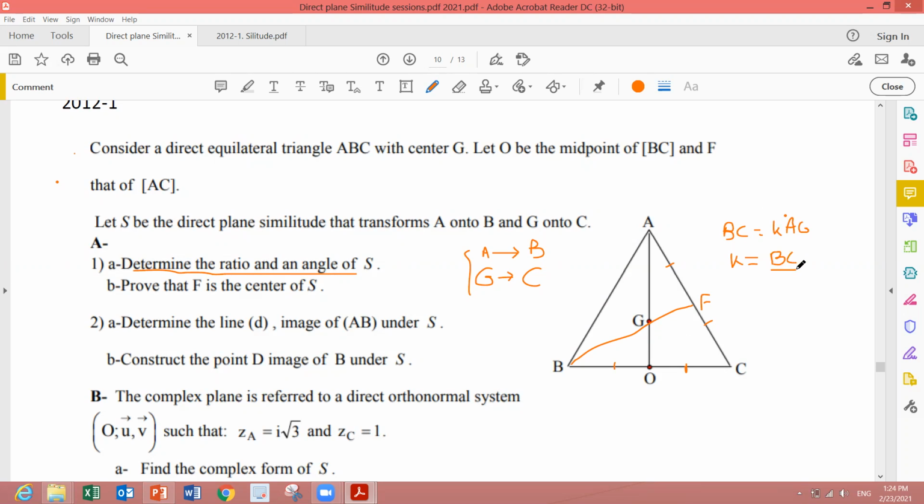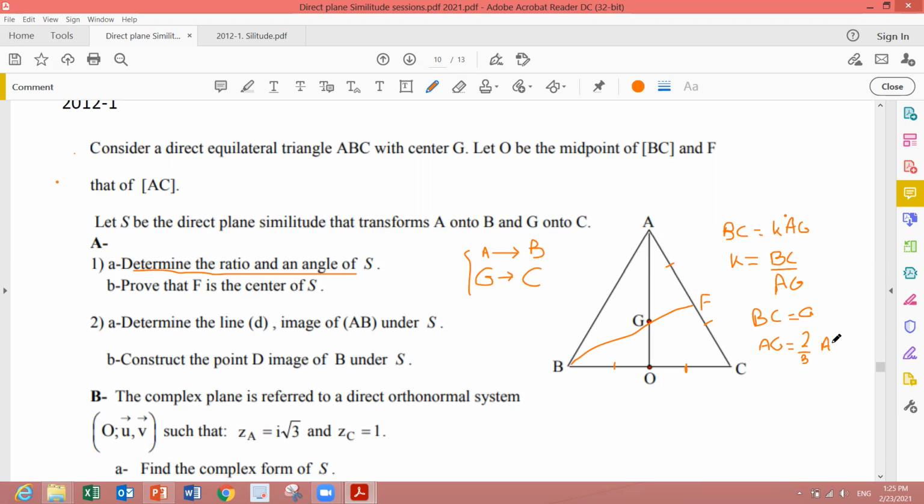How to calculate this ratio? We have AG equal 2 over 3 AO. First, let's suppose that BC equals a given length a. What did you say? AG equals 2 over 3 AO.